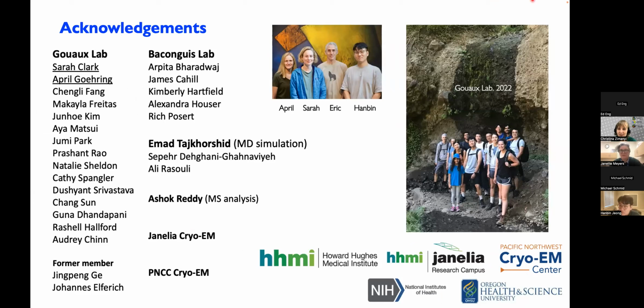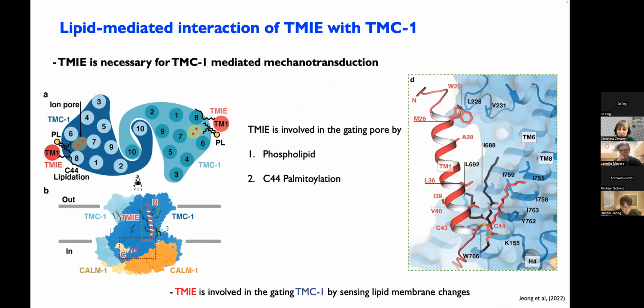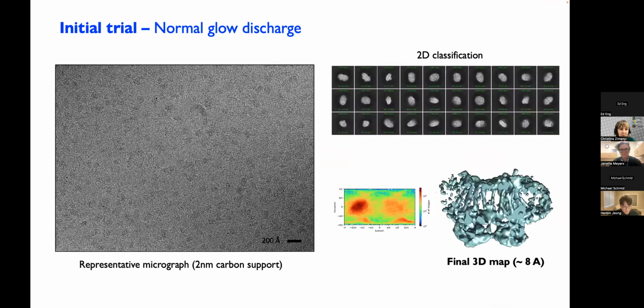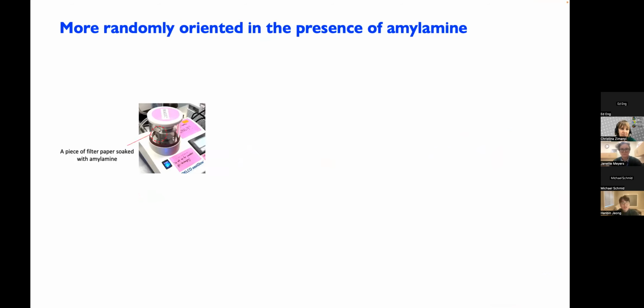The first one is: very interesting talk, could you expand on how you set up your amylamine glow discharge strategy? I think you need a separate machine to prevent cross-contamination, because once you run amylamine in the glow discharge, you never use it for the normal condition.